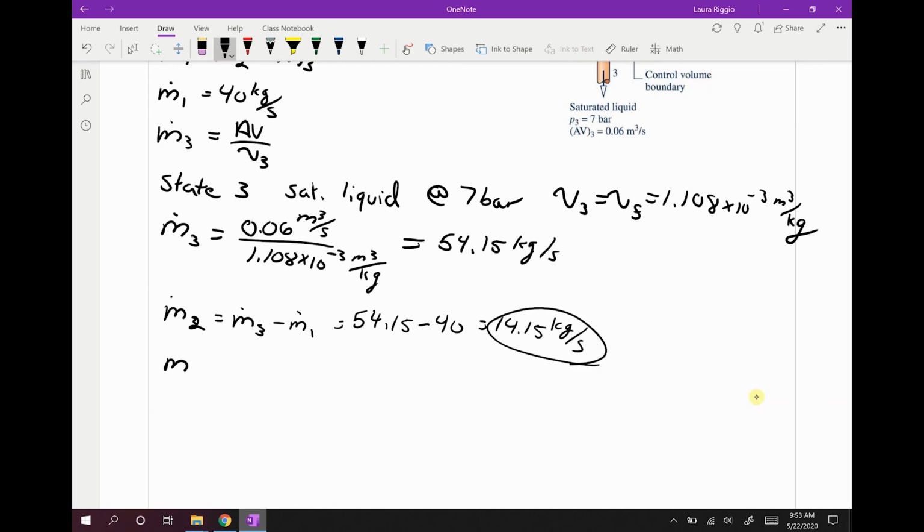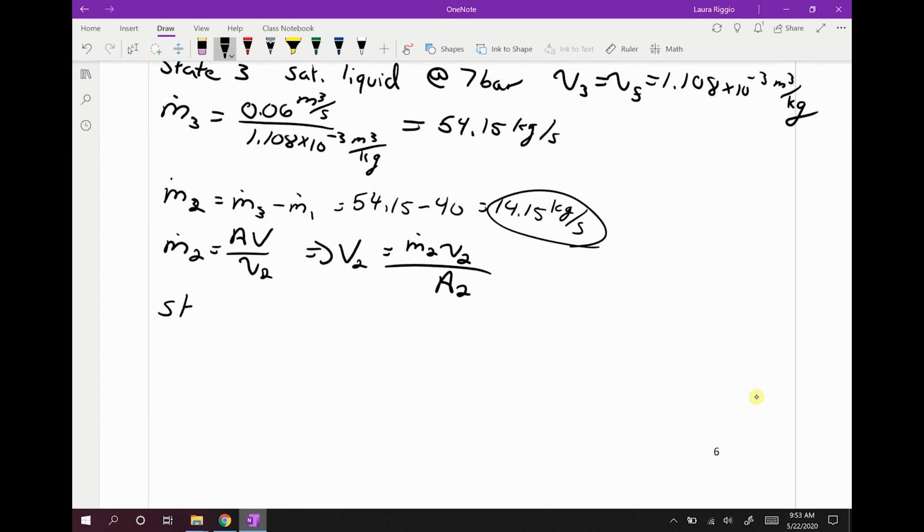The mass flow rate at 2 is going to be equal to our area times our velocity divided by our specific volume, which means our velocity is going to be equal to our mass flow rate times our specific volume divided by our area. We still need our specific volume at state 2. If we fix state 2, we have P equal to 7 bar, T less than T sat.